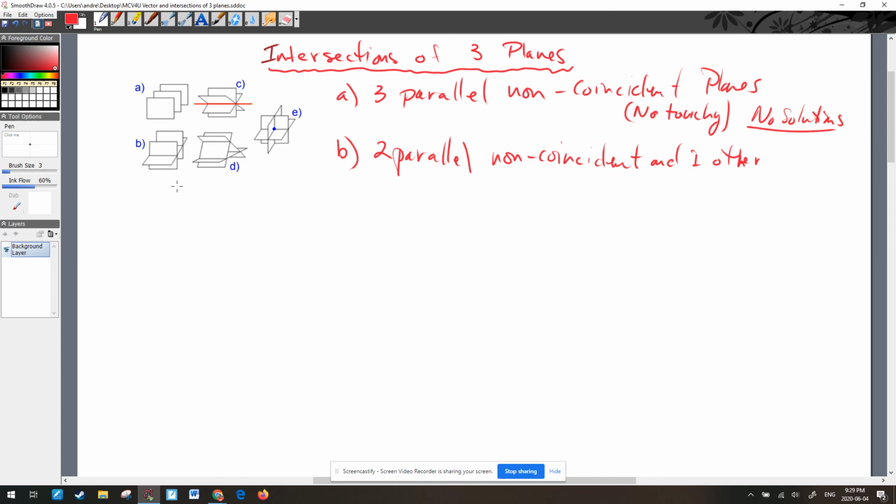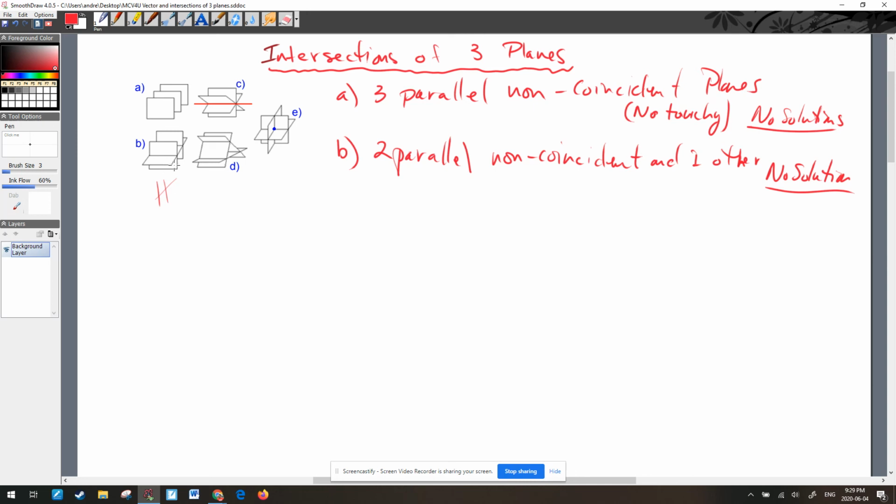The side view of this one would look kind of like an H, right? There'd be a line of intersection between these two planes, and there'd be a line of intersection between these two planes. But this plane here and this plane here, no touchy. So there's sort of two solutions, but really there are no solutions, because to be a solution, it's got to be one place that all three planes exist simultaneously, and there isn't that.